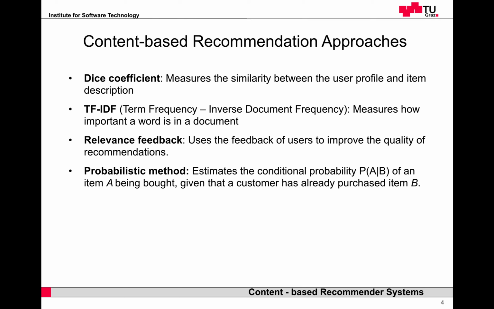The third approach is relevance feedback, using the feedback of users to improve the quality of recommendations. And the final approach is the probabilistic method, estimating the conditional probability of an item A being bought, given that a customer has already purchased item B.